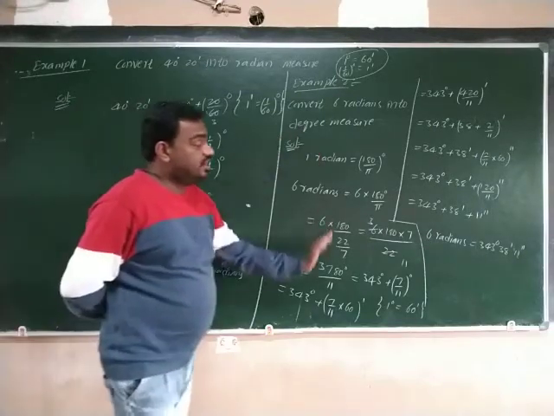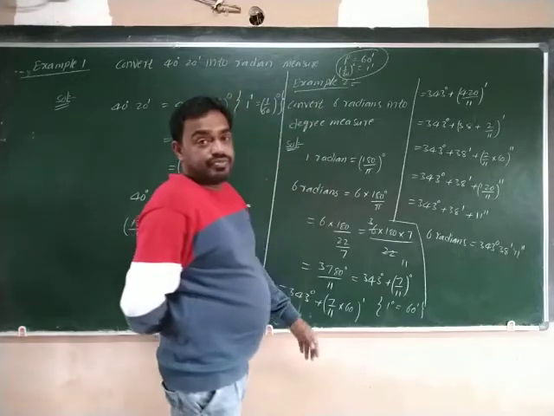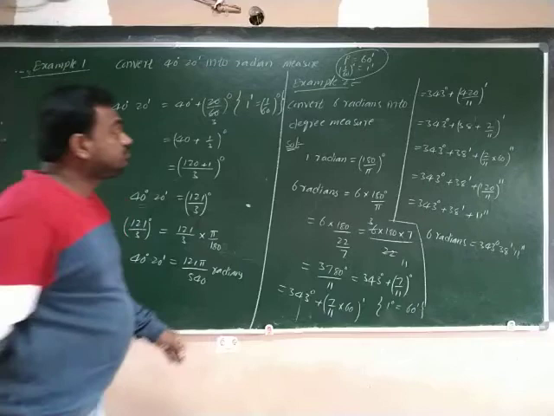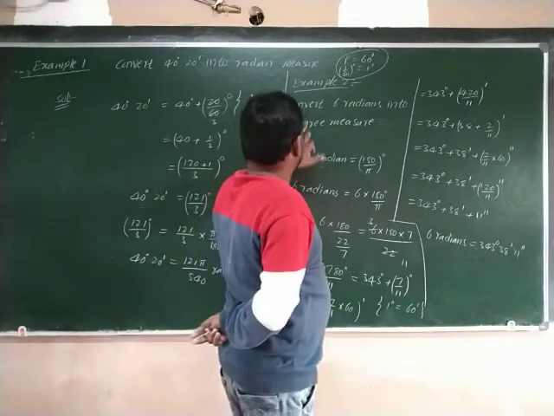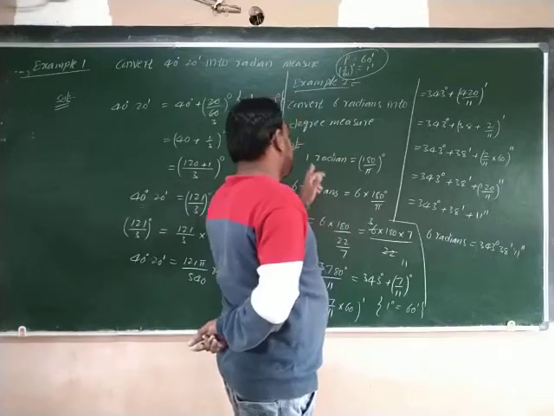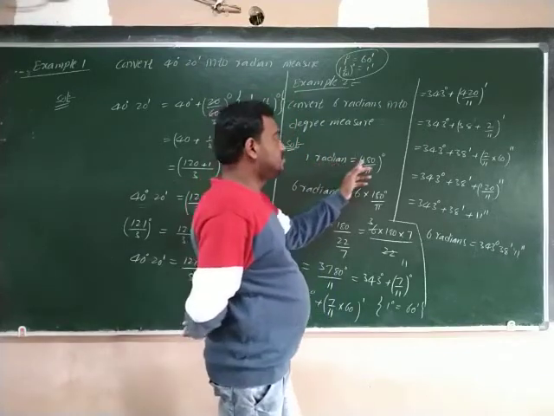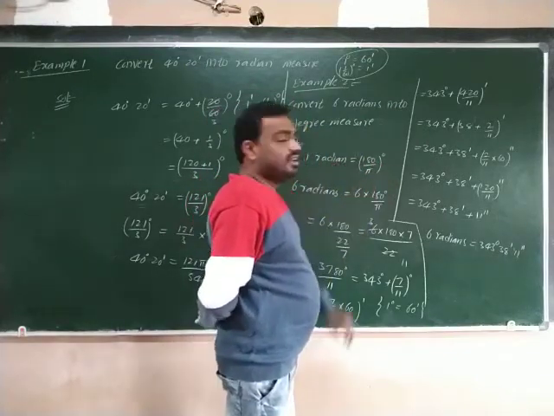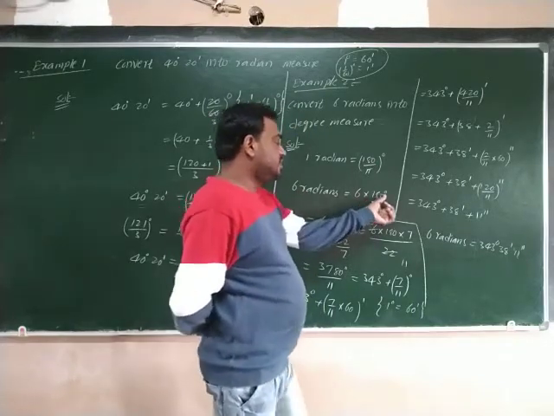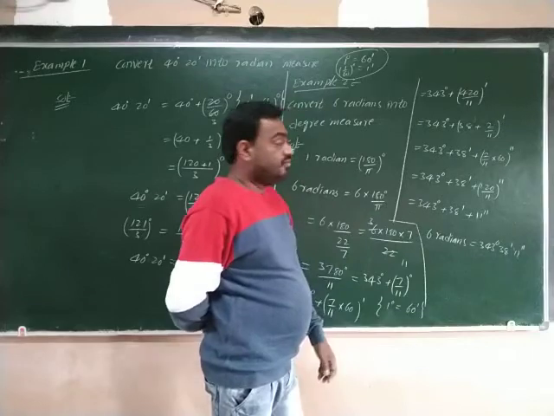Next, here we have some simplifications. Convert 6 radians into degree measure. 1 radian is equal to 180 by pi degrees, so 6 radians is equal to 6 into 180 by pi degrees.